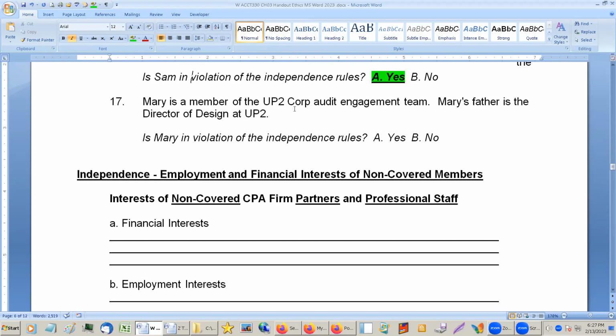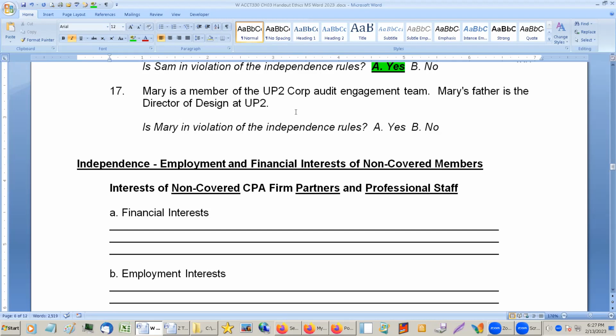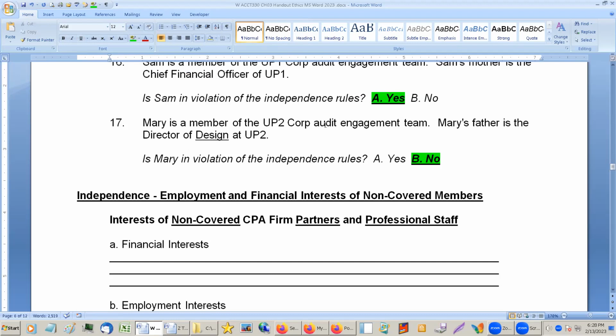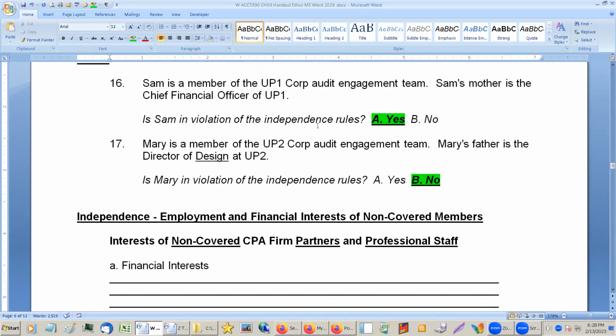Mary's father is director of design at UP2. Is Mary in violation? No. Probably not a financial position. I mean, if it was, then yeah, but it probably isn't design. So even though they're both directors, because one is a financial person, it's a no-no.